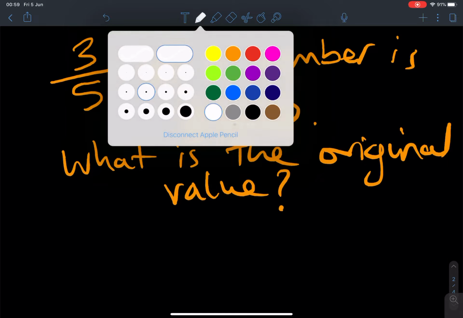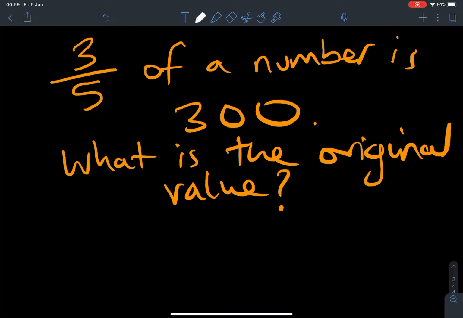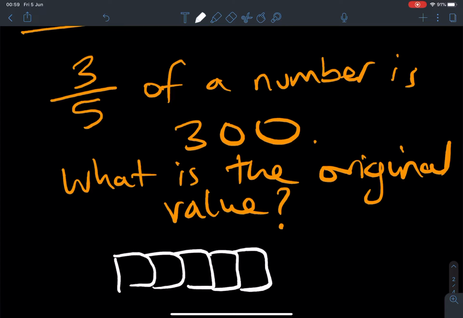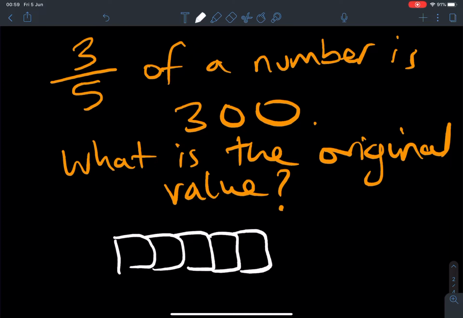So let me use the boxes again. Let me draw a box. Again, it's out of 5, so let me draw 5 somewhat equally shaped boxes. Is it telling me that 300 is the original value? No. It's telling me that 3/5 of the original value is 300.